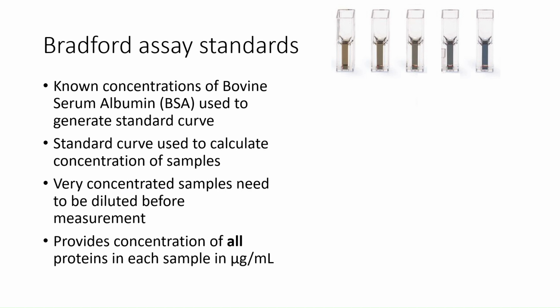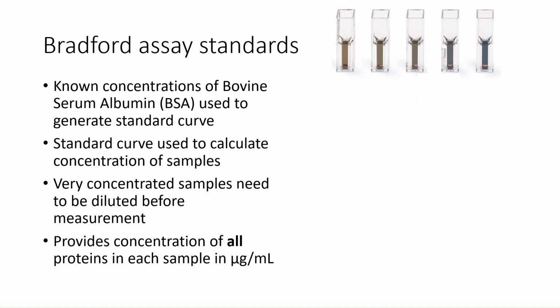So how do we then relate the blue color that we measure with our protein of interest to an actual numerical calculation of concentration? We do that by using standards. Standards in this case refers to known concentrations of a protein called bovine serum albumin, which is a sort of generic, fairly globular and fairly symmetrical protein.